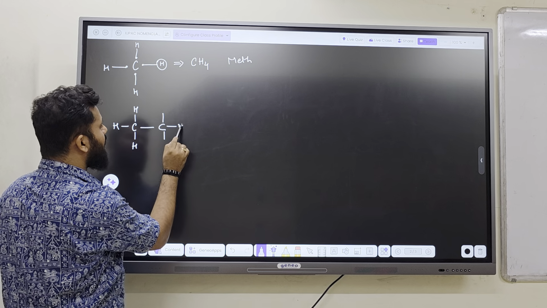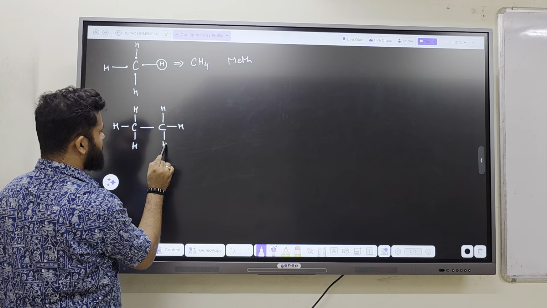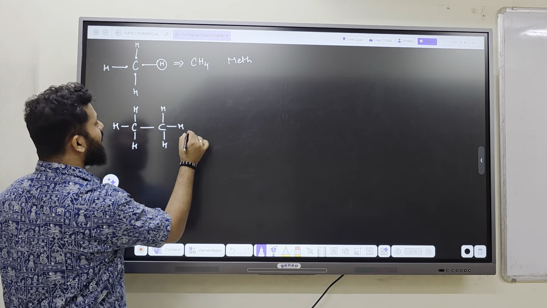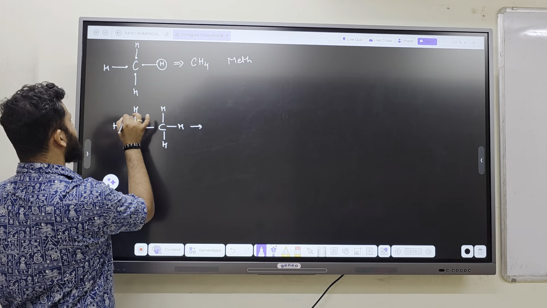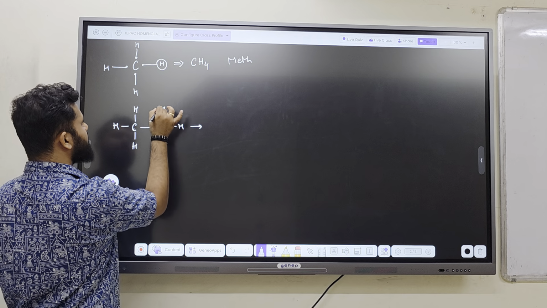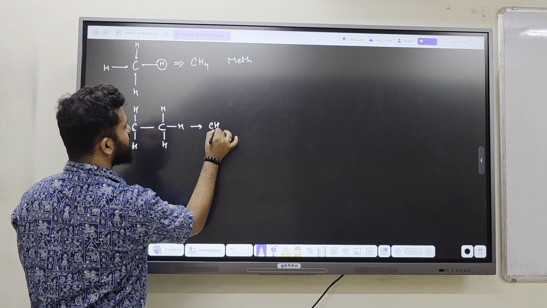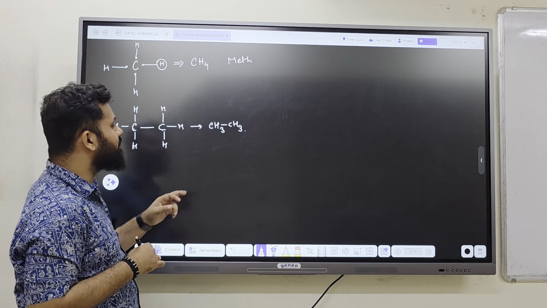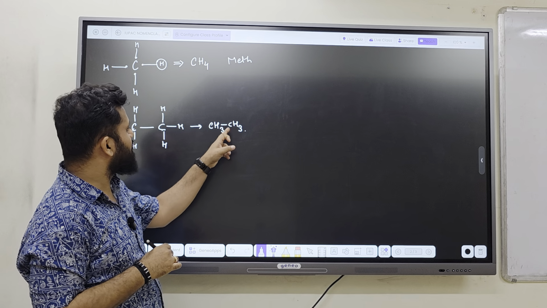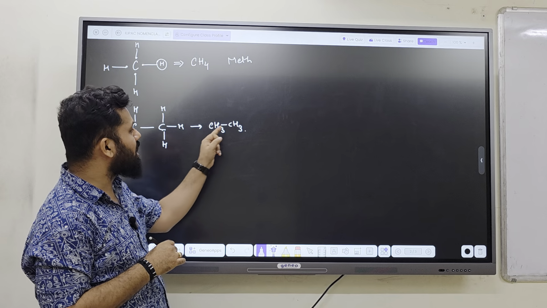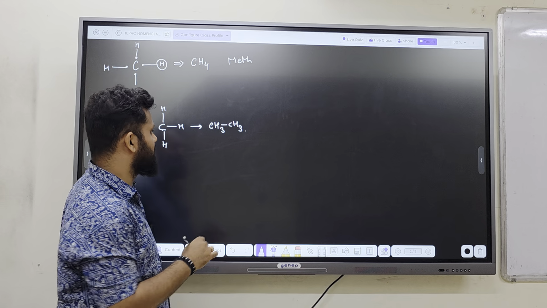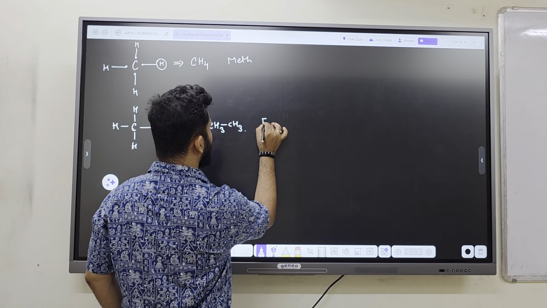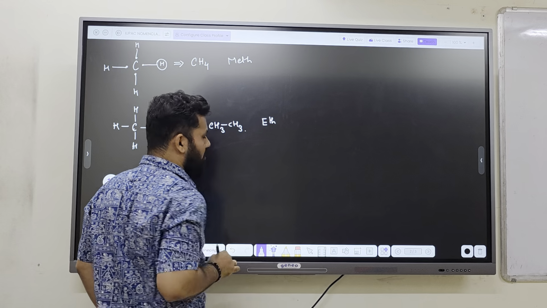Let us keep hydrogen at each place. So now we have CH3 bonded to CH3. Now we will say that our parent carbon chain has 2 carbons. The root word will become eth.